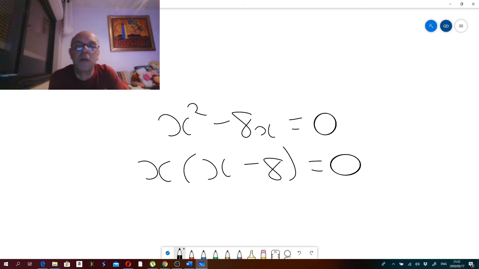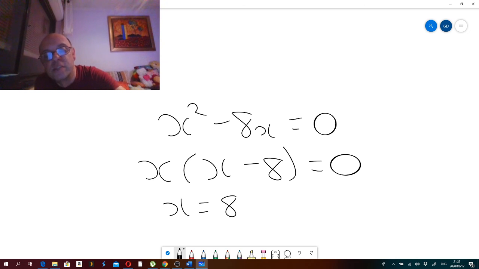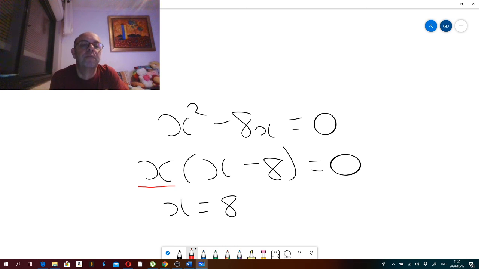And then we say, okay, what can the x values be? Now, the bracket one's easy, because you probably thought, well, that means that the x can equal 8. But what about this first x over here? What can that be? Because if I'm going to make a value for that one, and the other bracket doesn't matter, what is the value I should put in for that x? Well, the answer is simply 0.